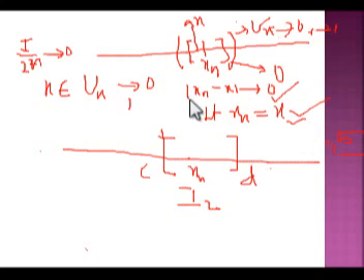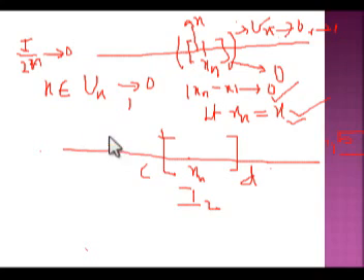Also, in the Bolzano-Weierstrass theorem, it is stated that it must have a convergent subsequence. If any sequence is convergent, then any subsequence from the main sequence must be convergent.